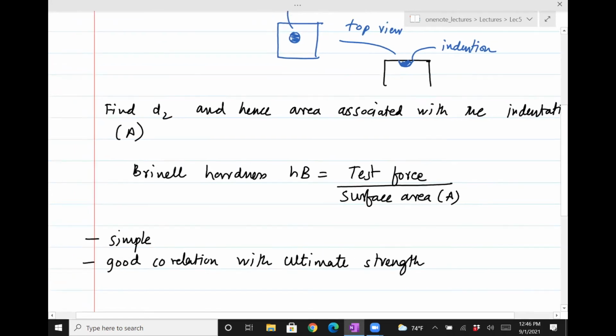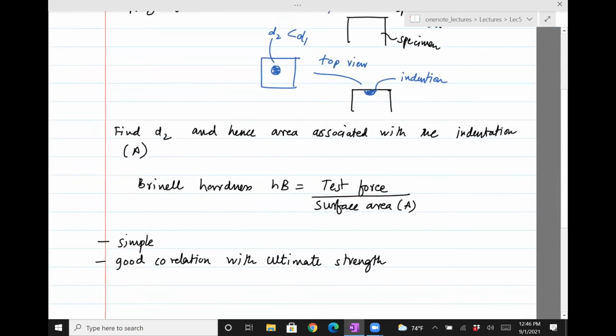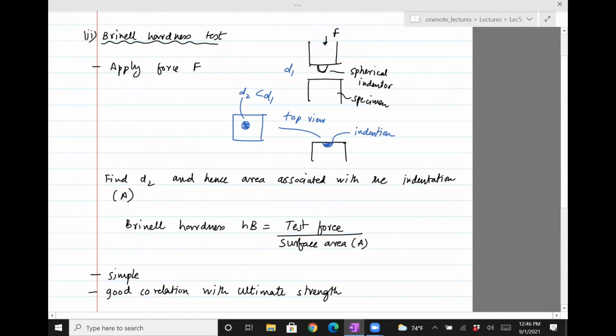And so that one is usually the preferred one. It's also actually kind of simpler to do the Brinell test than to do the Rockwell test. It's much easier to see that indentation. You can just use a camera to figure out what that area is. It's usually easier visually than it is for the other test where you're trying to find the depth.